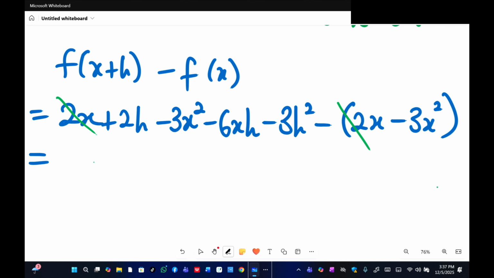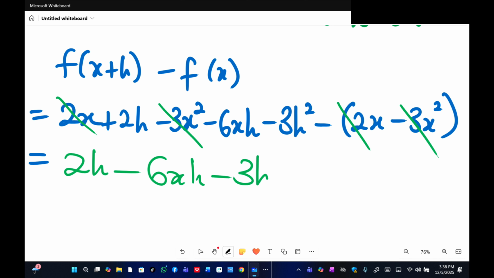And we also have negative 3x squared minus negative 3x squared. So they will cancel out. So we are left with 2h minus 6xh minus 3h squared. All right, so this becomes the expression for f of x plus h minus f of x.